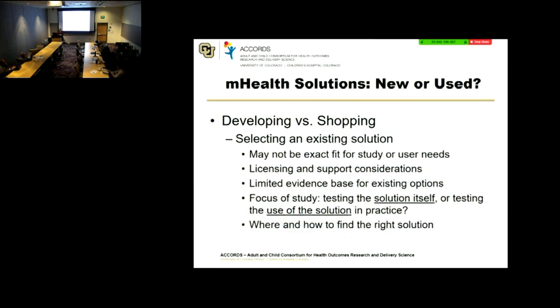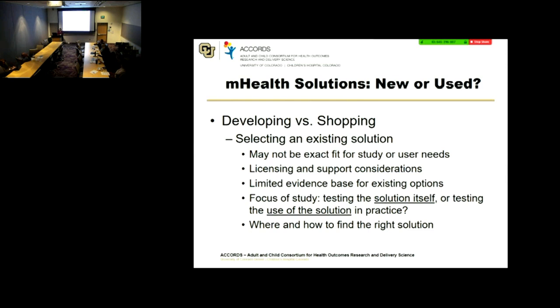Selecting something that's already out there might not be an exact fit for the study or needs, but one of the things that's important is that it already exists, so you don't have the same level of development time along the way. You need to consider licensing for the use of a product if you're going to go with something off the market. You need to consider the support in working with the company or the vendor that you choose.